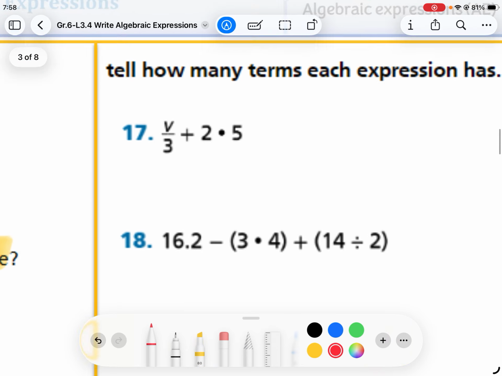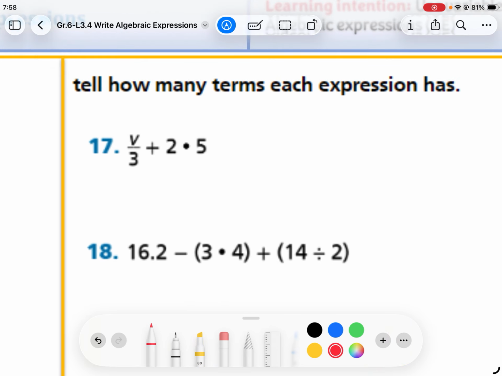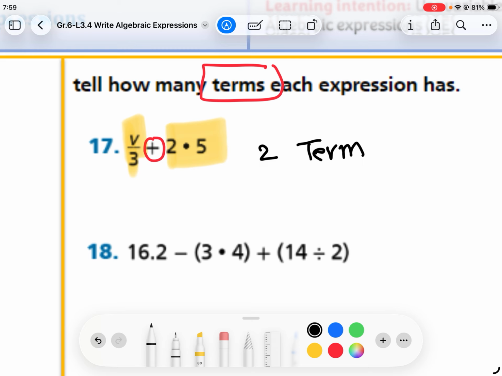Now, let's move on to two questions with the same idea. Again, tell how many terms. Here we know that they are separated by addition or subtraction. That's your addition. That means this is one term, two terms. So the answer is 2 terms. Remember, when you see the word term, look at addition and subtraction, then count.